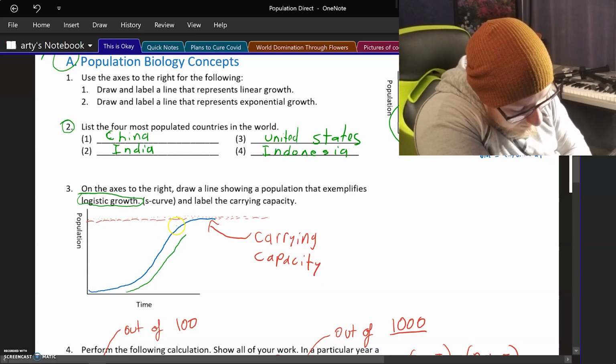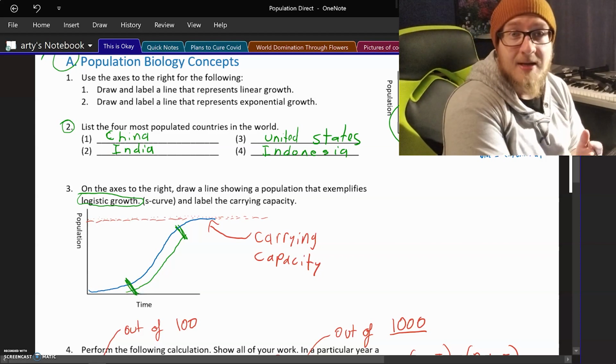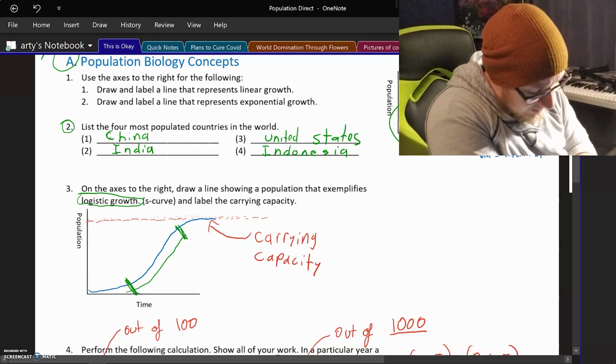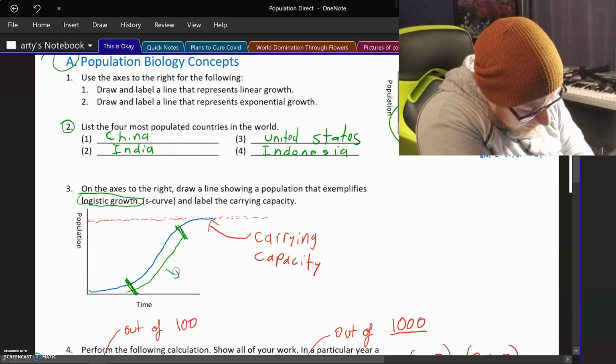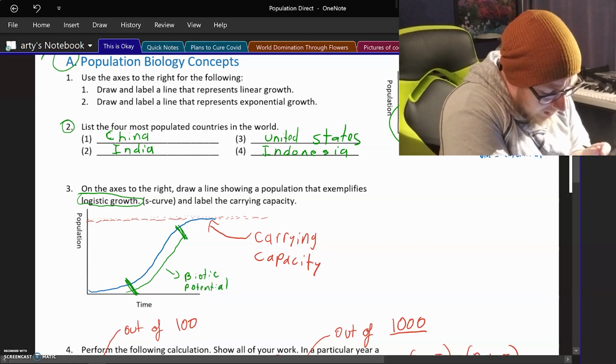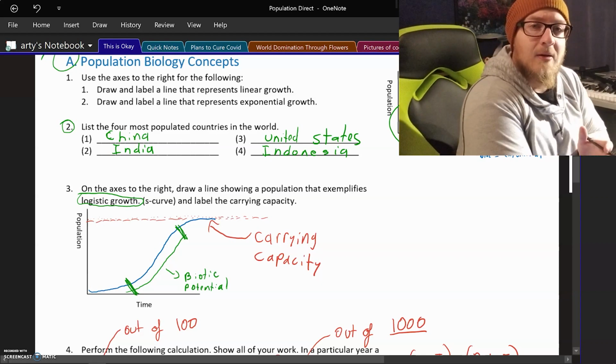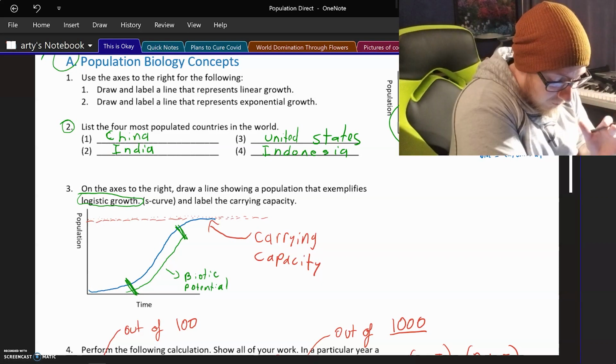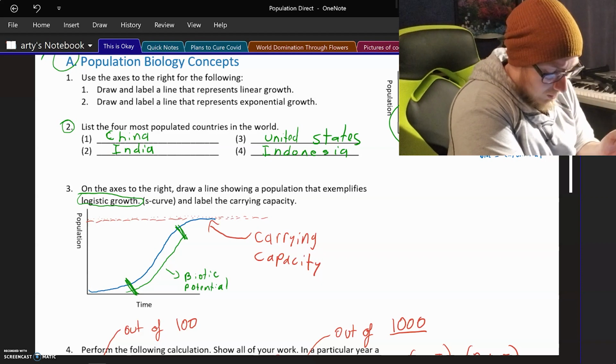And this section here, where the population is growing at its fastest, where the slope is the highest, this is considered the biotic potential. And what that means is that this population is growing as fast as it possibly can. It's at its full biotic potential for growth rate.